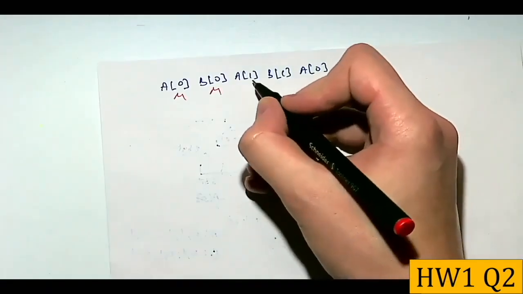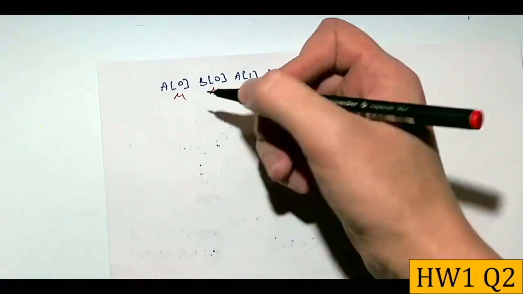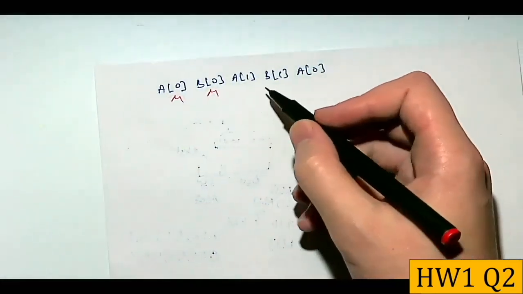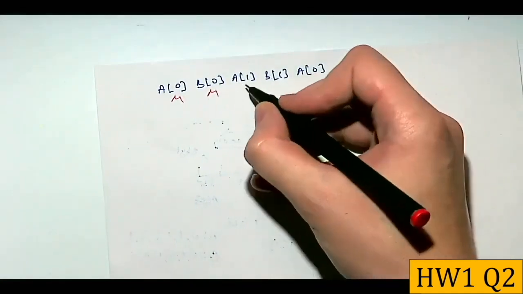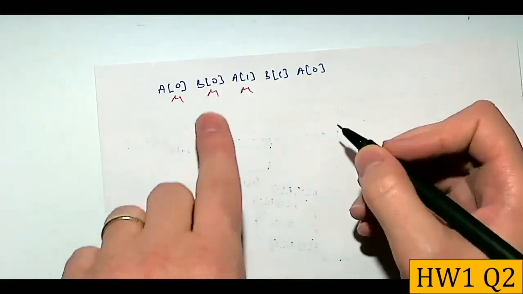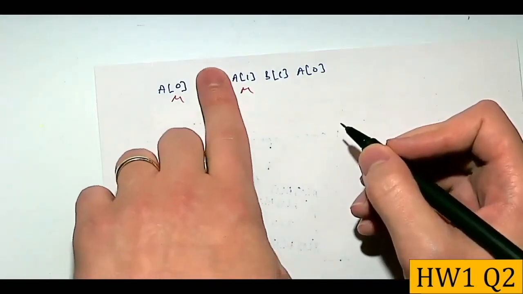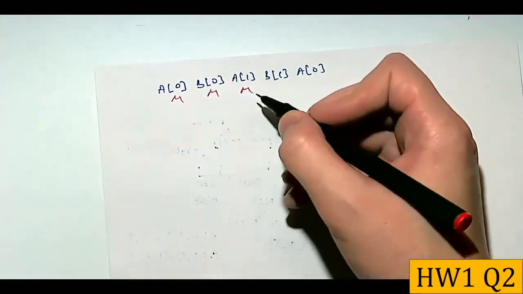And then we access A1 again. So A1 was brought in when accessing A0 because they map to the same cache block, right? So we sort of prefetch it. But since B0 evicts that block, at this point, we will not have A1 in cache. But if we didn't have this access to B0 here, then in that case, the second access would have been a hit.